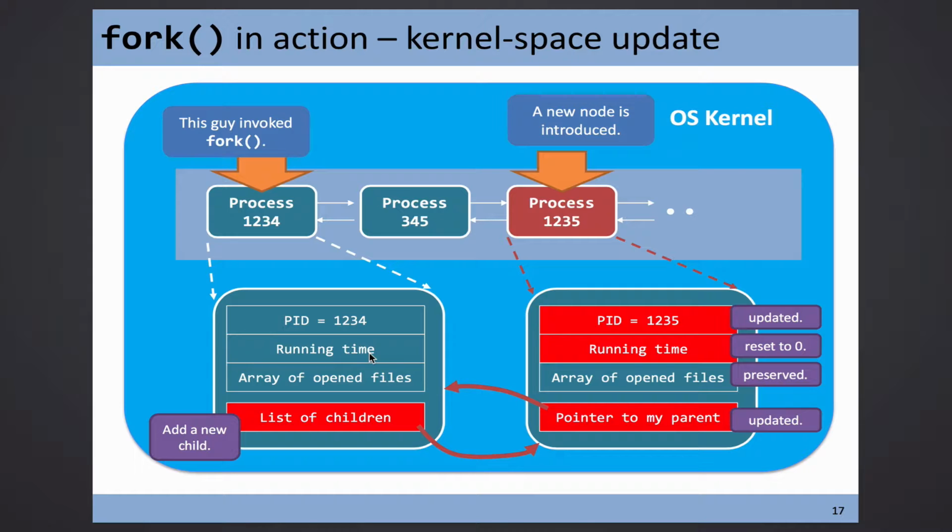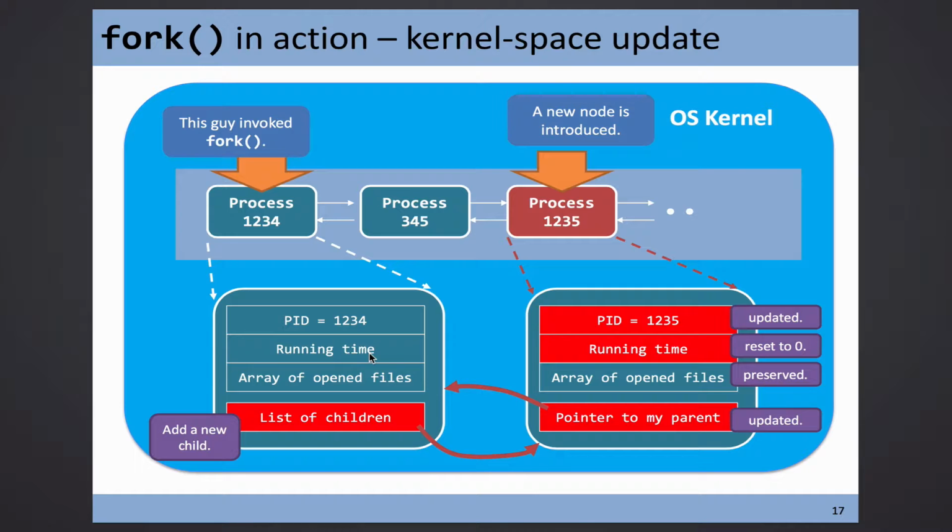Because if you remember what we taught last Tuesday about the wait system call, it knows whether I have any children. If I have children, then I have to wait if you call wait. That means I'm suspended when you call wait. So this list is very important, so that we know whether we have to wait or not.